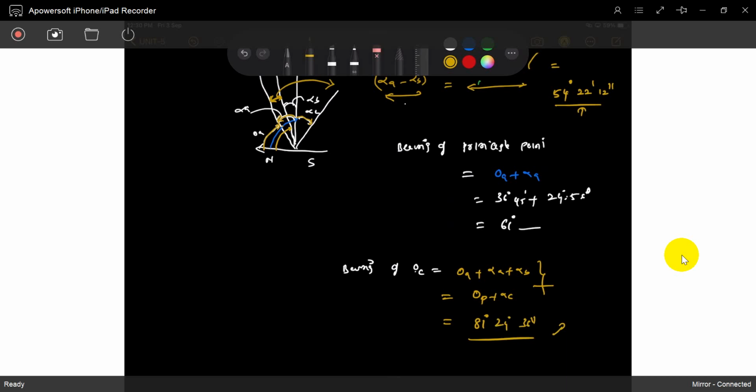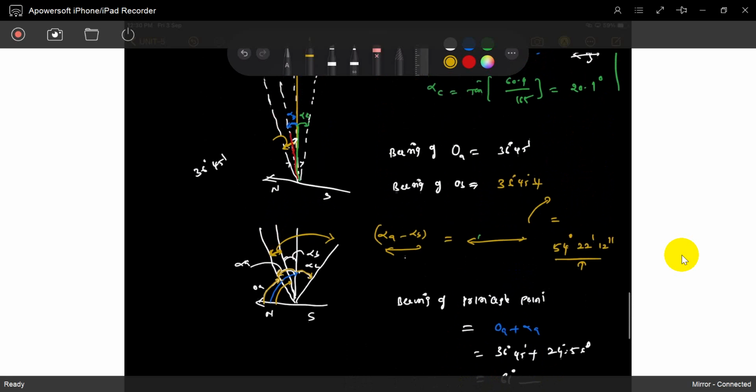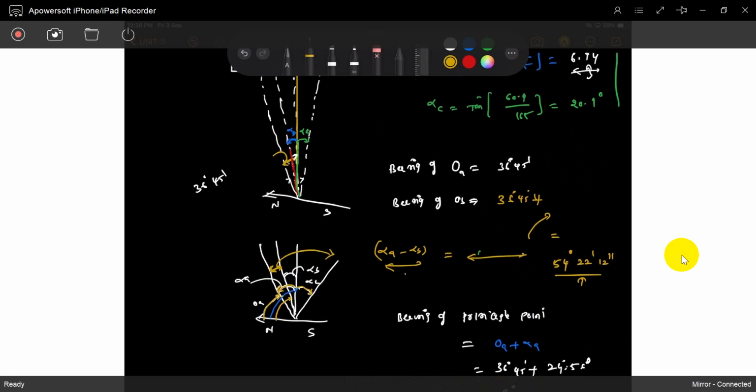Okay, so that's it. That's the idea. Very small mistake we made. See, this is alpha A, this is alpha B. In alpha A, alpha B is also there.